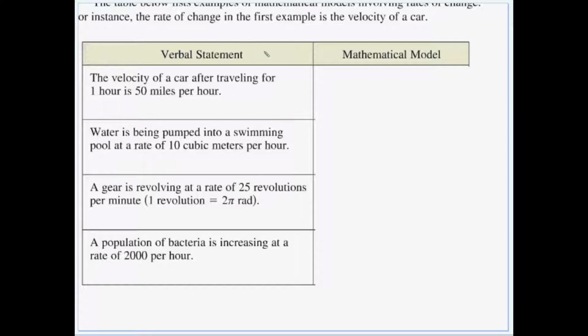So what's the main part of this problem? We got velocity in miles. Well, we're talking distance. x is equal to the distance the car has traveled. And then it says we have the velocity of the car. Well, remember, velocity is the first derivative of position. So that would be dx/dt.